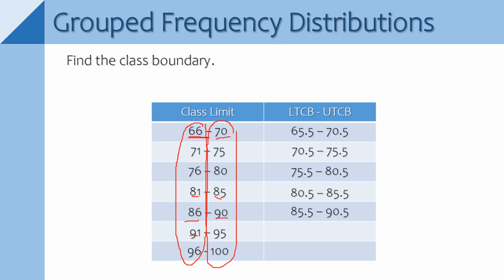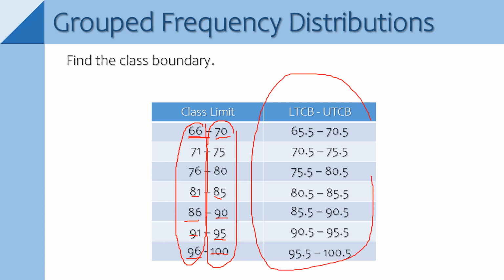So 91 minus 0.5, and then 95 plus 0.5, so you have 90.5 up to 95.5. And then the last class is 96 minus 0.5, and then 100 plus 0.5. So we have here 95.5 up to 100.5. Okay, so those are the lower class boundaries and then the upper class boundaries.